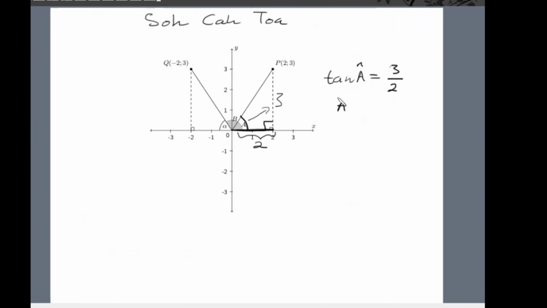Now we want the value of angle A. In your calculator, you press shift and tan, and then you will have that angle A is equal to 56.3 degrees. So that is the value of angle A.